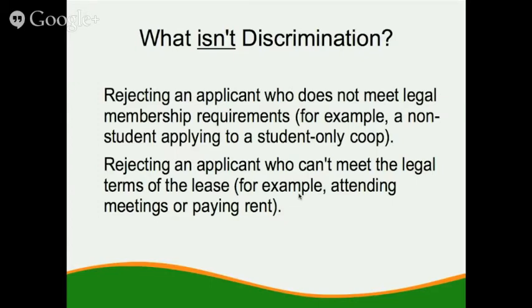Some other co-ops might say, we require people to do 8 hours per week of labor around the co-op, and you've said that you don't have that sort of time. We require people to come to our meetings, and you said that you don't want to come to meetings. Or for that matter, you had somebody apply who said they might have a hard time paying rent. Those are all legitimate reasons that you can decide not to accept an application.